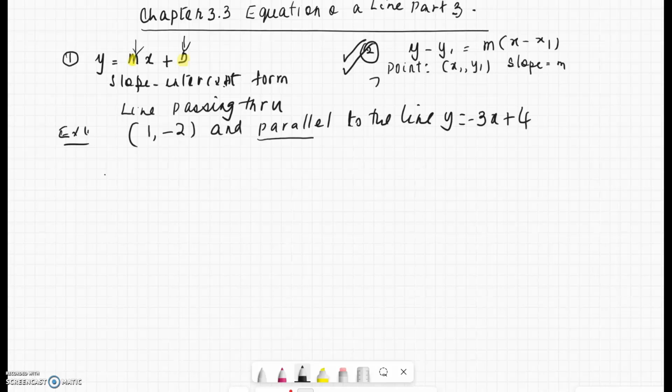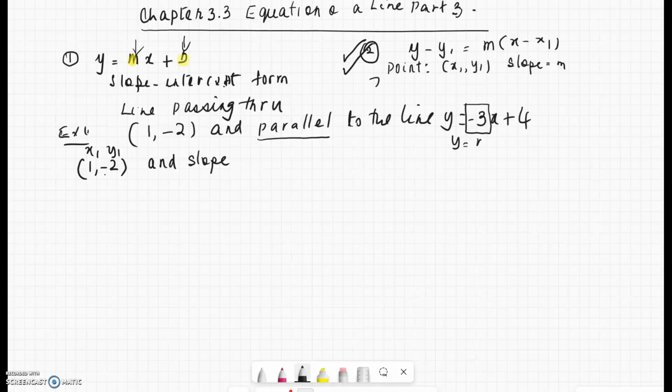So remember, parallel lines have the same slope. So our line that we are trying to find the equation for passes through the point 1, negative 2, and the slope of the line is the same as the slope of the other line.